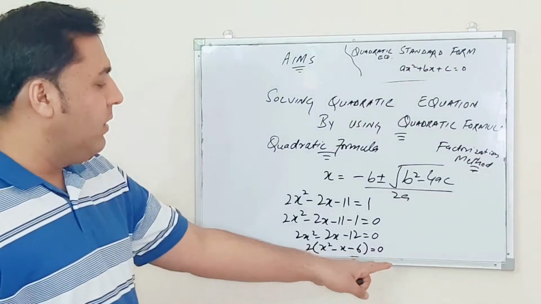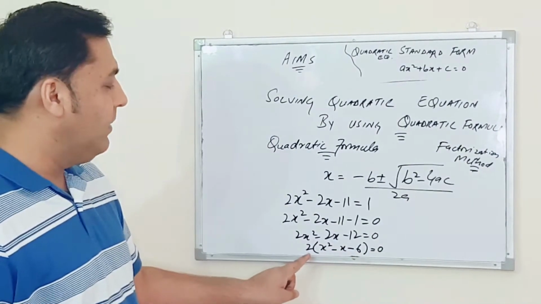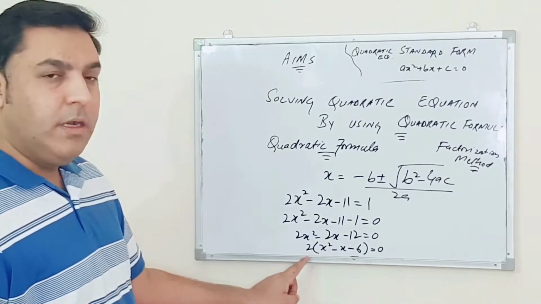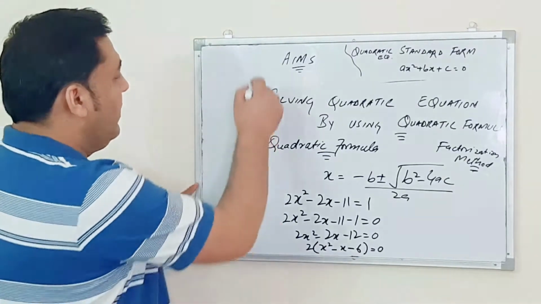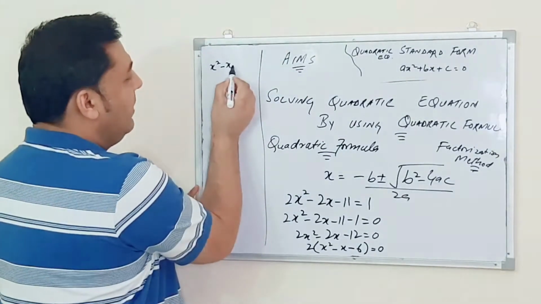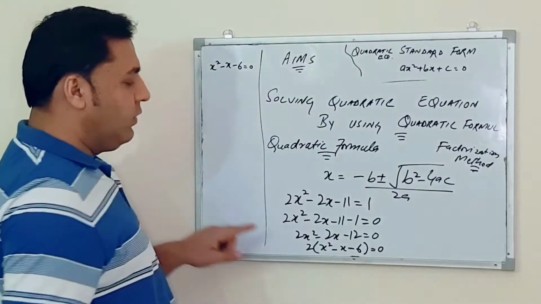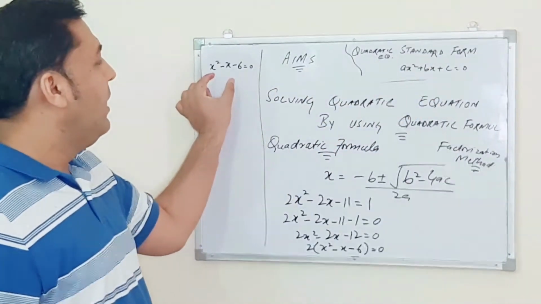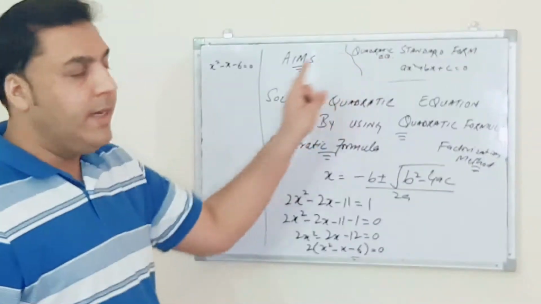Dividing both sides by 2, we get x square minus x minus 6 equal to 0. Now this is in standard form: ax square plus bx plus c equal to 0. All terms are on the left hand side, 0 is on the right hand side.